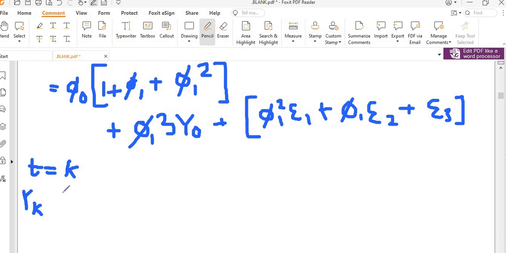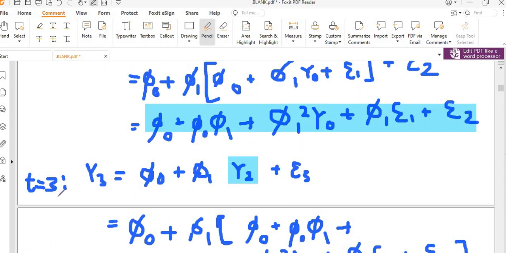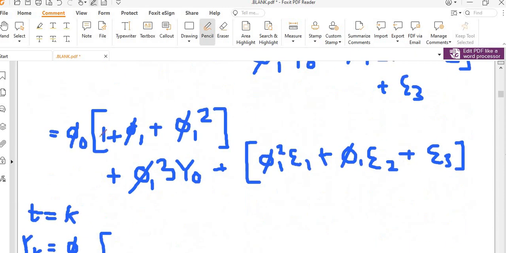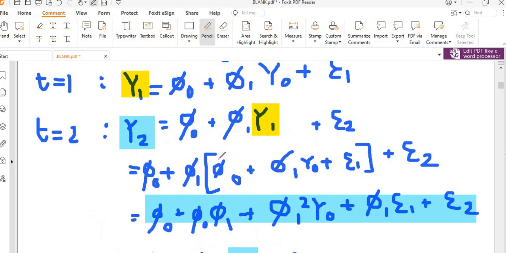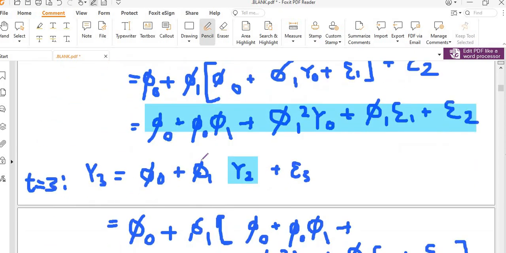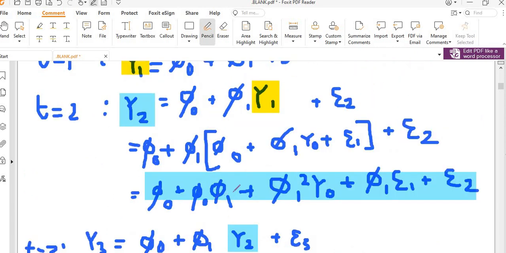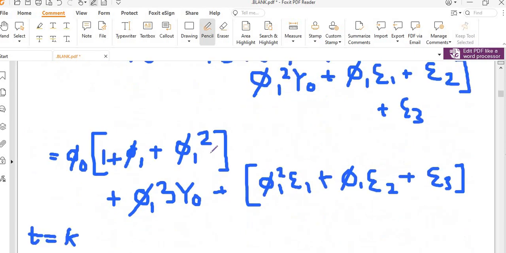Now let's keep this on the screen. So you have phi naught. This expression says we can get a phi naught here. Then when we had t equal to 3, it went up to 1 plus phi 1 plus phi 1 squared. If we take phi naught common, we would have 1 plus phi 1. So for t equal to 2, it goes up to phi 1, and for t equal to 3, it goes up to phi 1 squared.